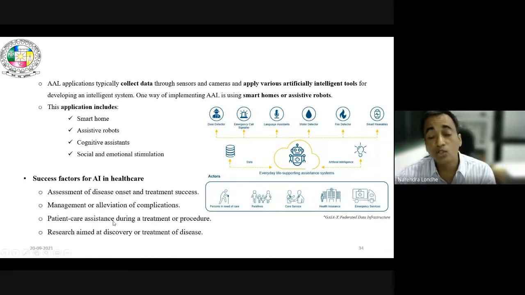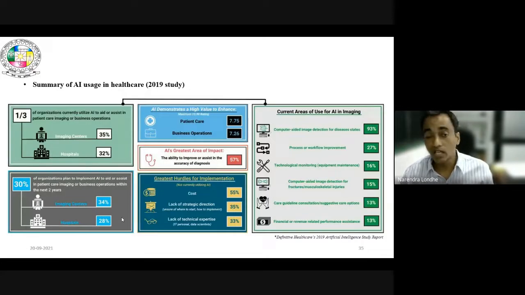Patient care assistance is possible because of AI during the treatment or the procedure. Research aimed at discovering treatments of the disease is possible. Because of all these success factors, the application of AI in healthcare is increasing day by day, right?